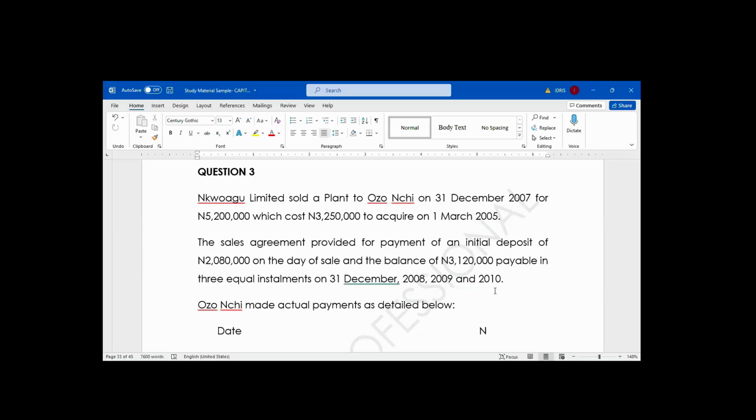The installment period must not be less than 18 months. 3 years is higher than 18 months. That means if the seller of this asset wants to pay capital gain tax, he will be paying on installments. On installment in the sense that he's going to pay part of the capital gain tax in 2008, part in 2009, part in 2010.